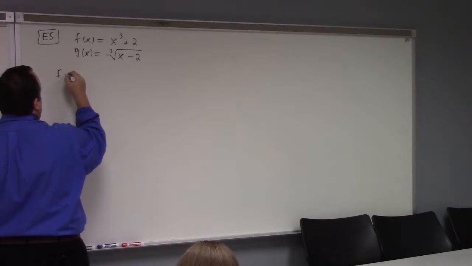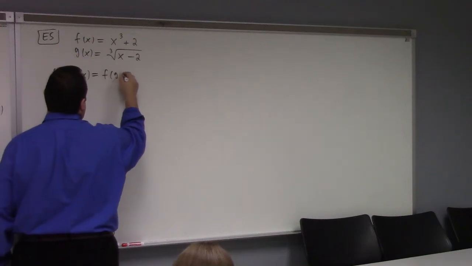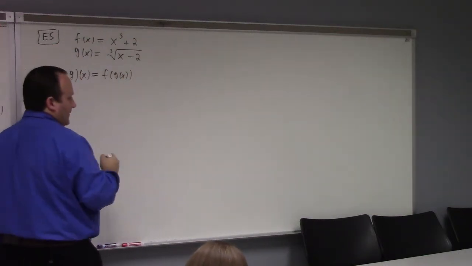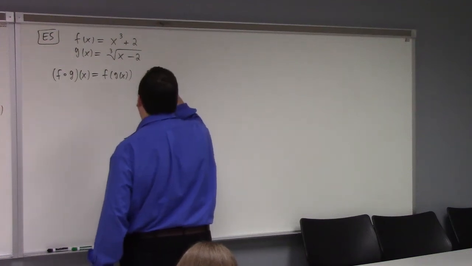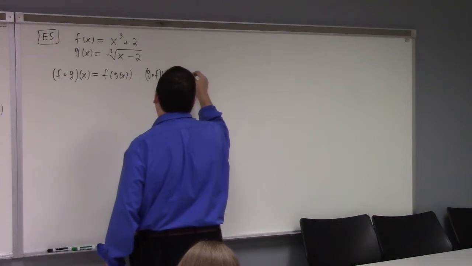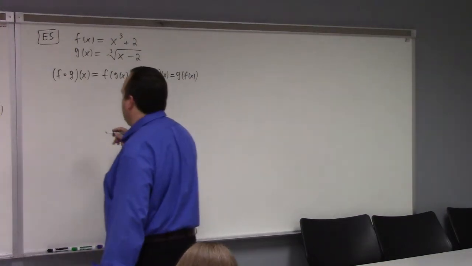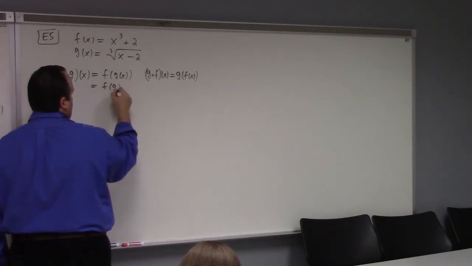F composed with g of x means f of g of x. And I also want to calculate g composed with f of x, which would be g of f of x. The notation I like to use is to think of that as f of g.